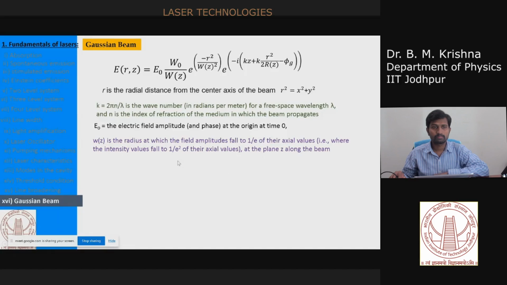That means a propagating laser beam or Gaussian beam is always associated with certain divergence, so W of z changes as you propagate along the z direction. W of z is defined as W naught times the square root of 1 plus z by z naught whole square, that is, whole power 1 by 2.